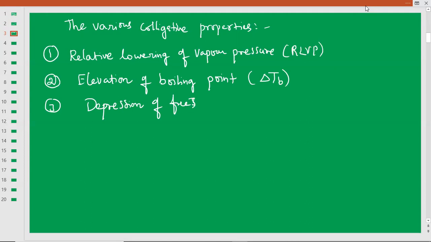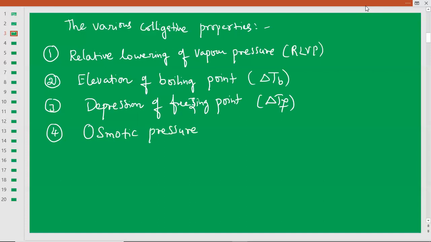You can put the symbol delta TF for this one. Another one is osmotic pressure. So the first one is relative lowering of vapor pressure, second one elevation of boiling point, third one depression of freezing point, and the fourth one is osmotic pressure.